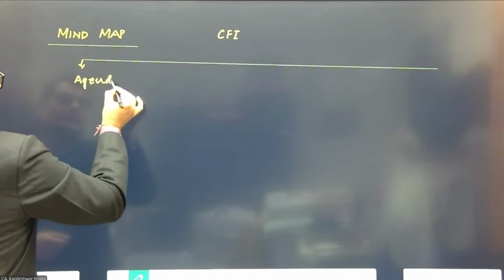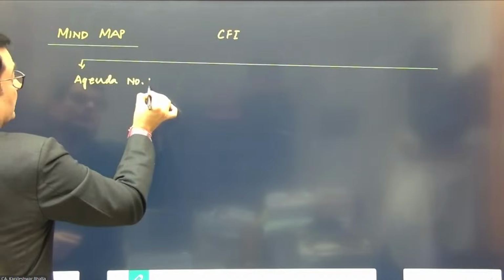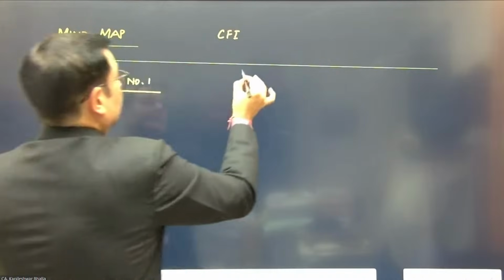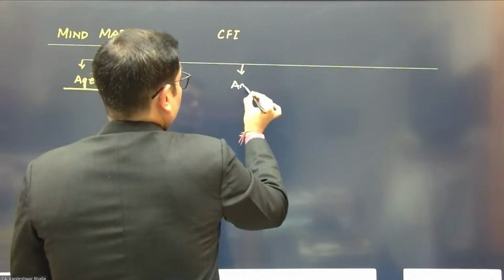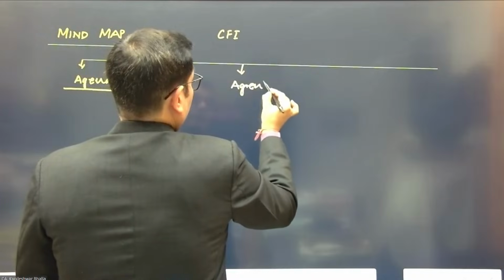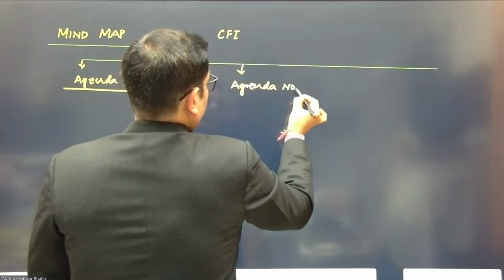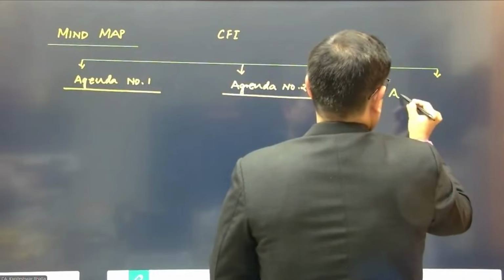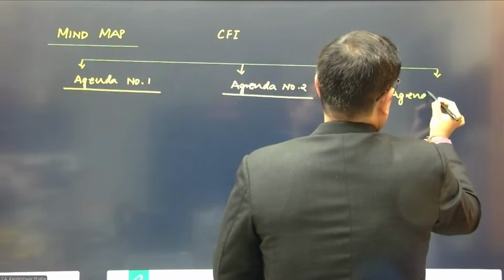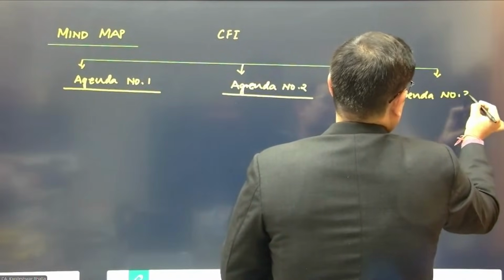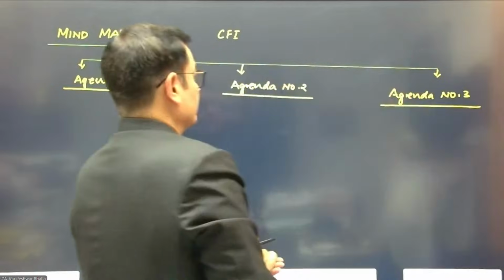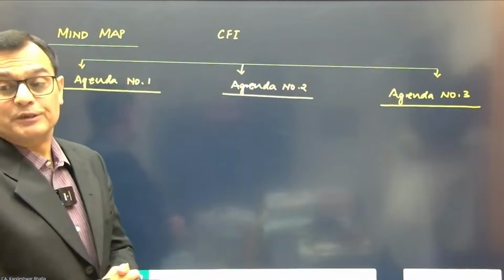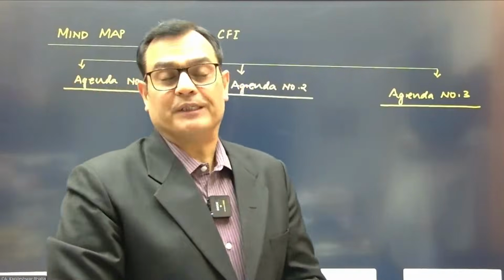As I also said in the previous session, we're discussing agenda number 1. Then agenda number 2 should come to mind, and then agenda number 3. That's how you can create a mind map in your mind to make revisions on the CFI.